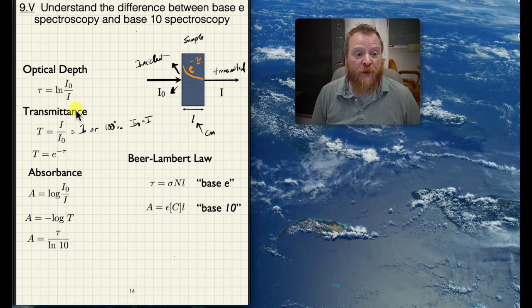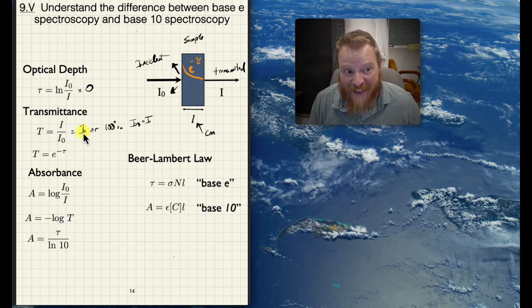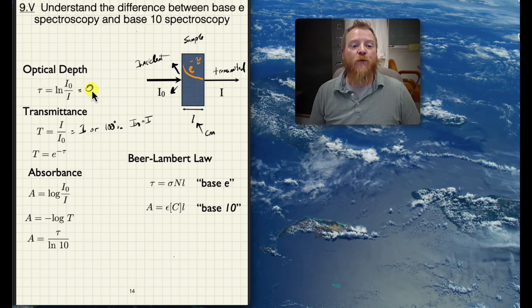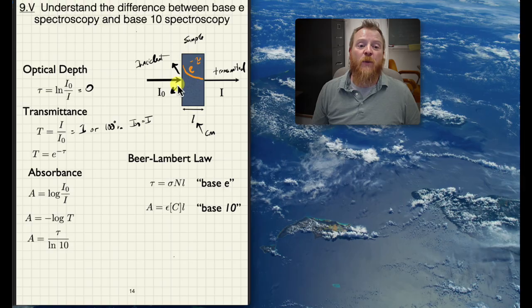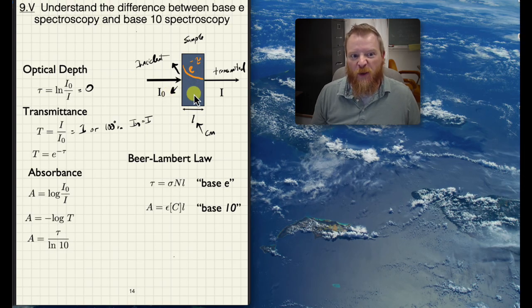Similarly, in the optical depth, when I naught equals I, and notice it's the opposite ratio of the transmittance, right? So in that case, for 100% transmittance, that would be an optical depth of 0. So for opaque media, or media that will scatter or absorb light, the optical depth will increase from there. So a large optical depth means we have an opaque sample. So in other words, it's absorbing some light.